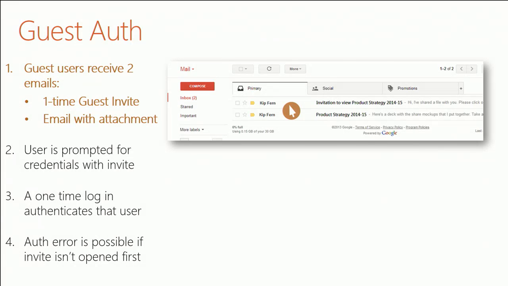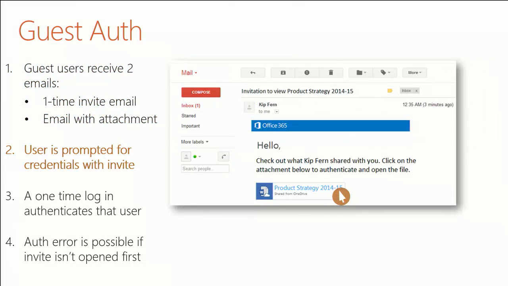It is a one-time deal that they need to do. So when they get that authentication email, they will be prompted, and they'll say, hey, please just log in here so we know who you are, and we can match this external email address with the ID that the sender has put on this doc for you.